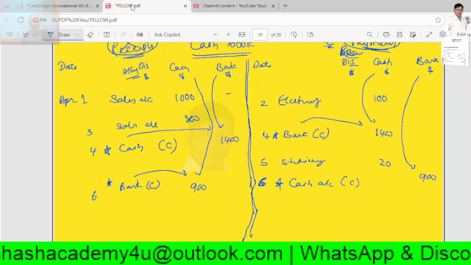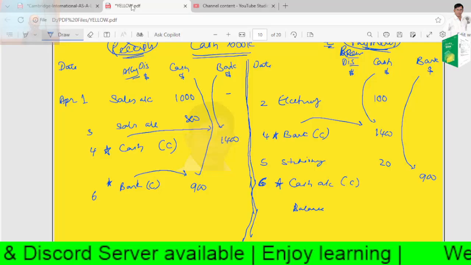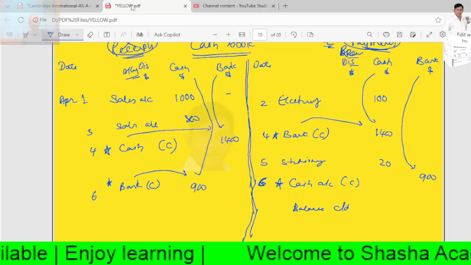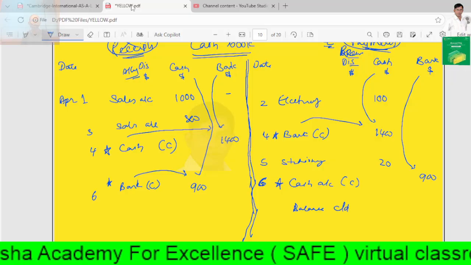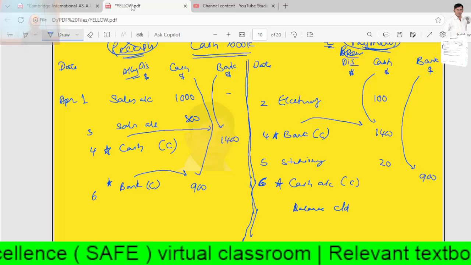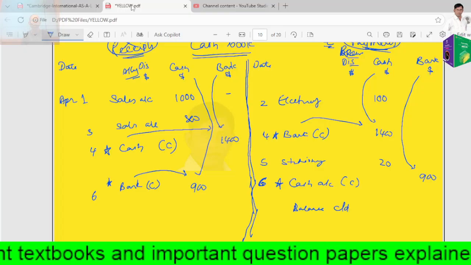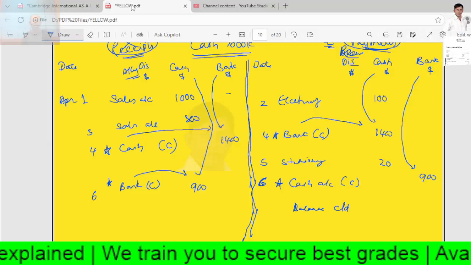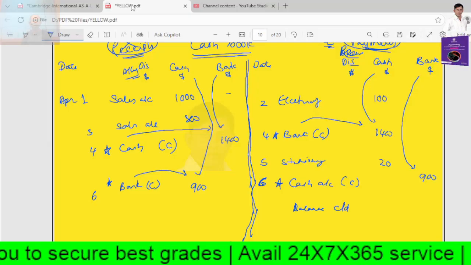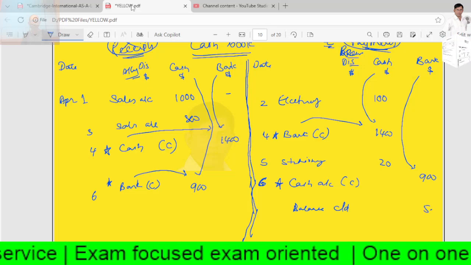Whatever balance is there, balance carried down. Here, on the cash side and the bank side, this side is 1400, and here it is 900. 1400 minus 900 is 500. So we write 500 here.